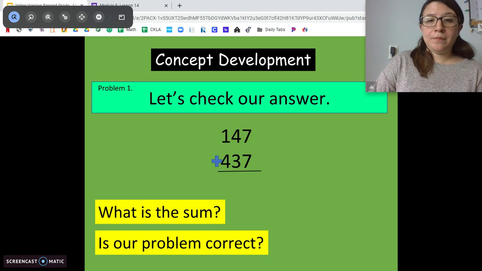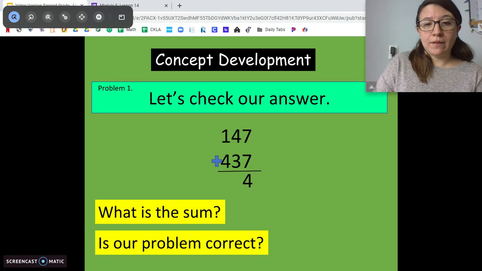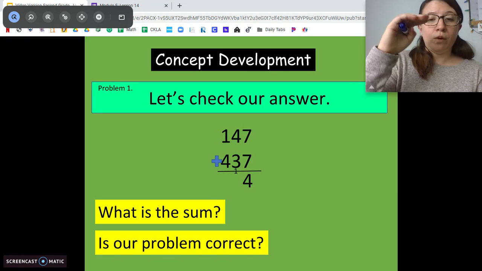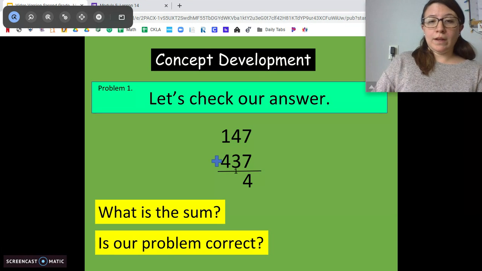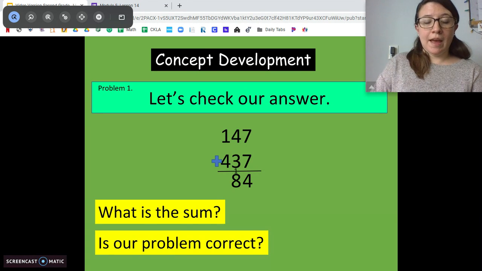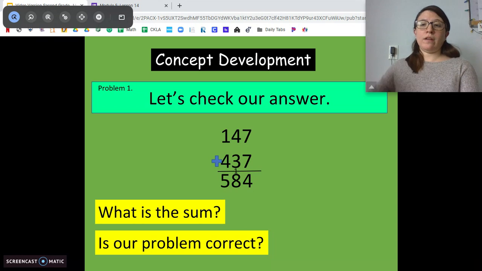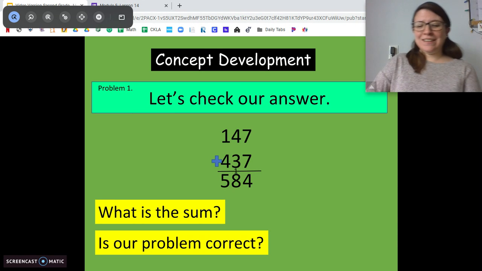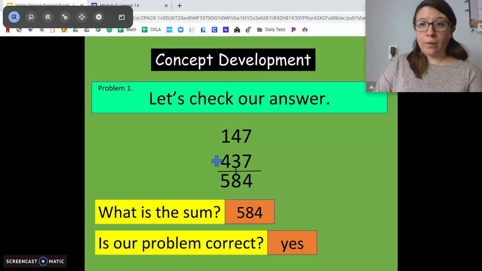So let's check it. 7 plus 7 is 14, moving my 10 over. 4 plus 3 is 7, plus 1 is 8. And then I add my hundreds, 584. Did we get it? Yes, we did. So that's how we can check our work, okay?